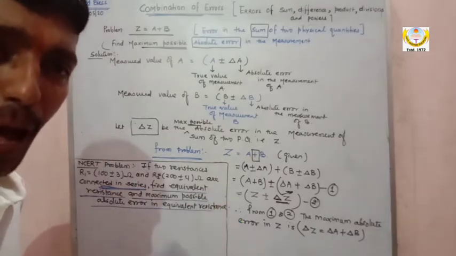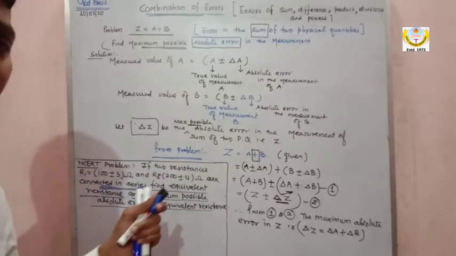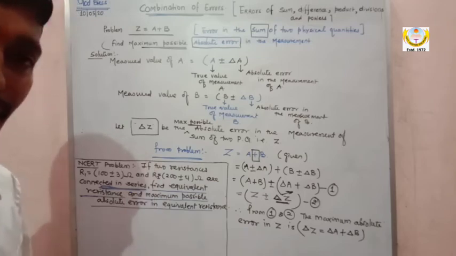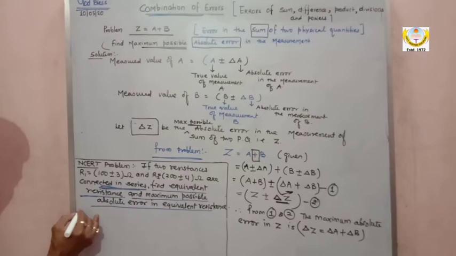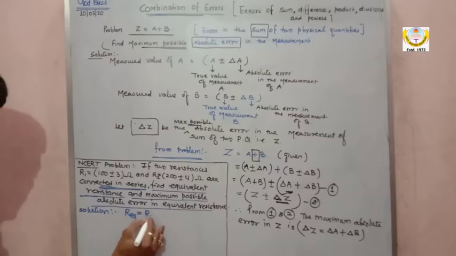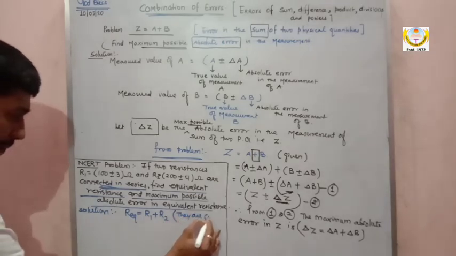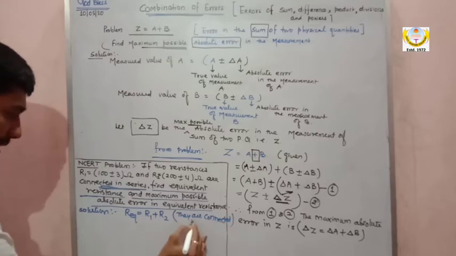You all know that equivalent means the total resistance, that is R1 and R2 when they are in series. From class 10th you know that the equivalent resistance in this case will be R equivalent is equal to R1 plus R2. Why am I taking R1 plus R2? Because they are connected in series.